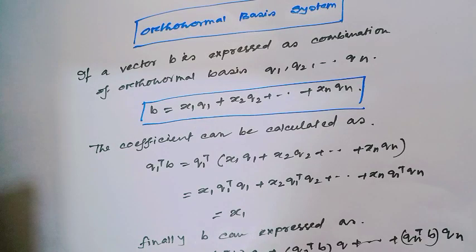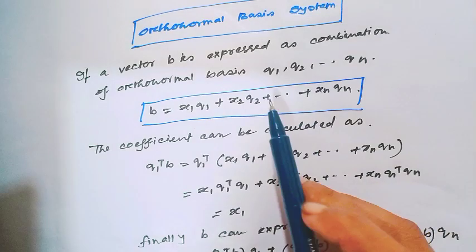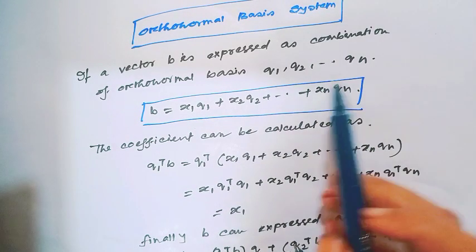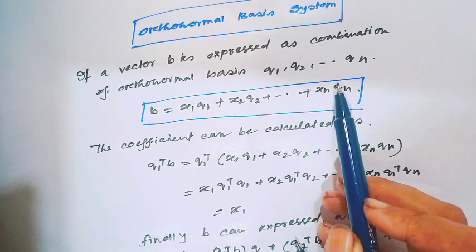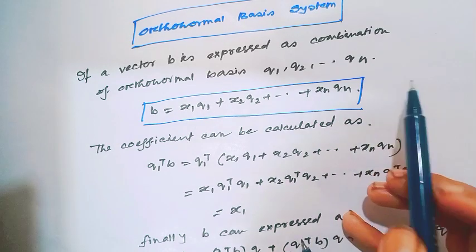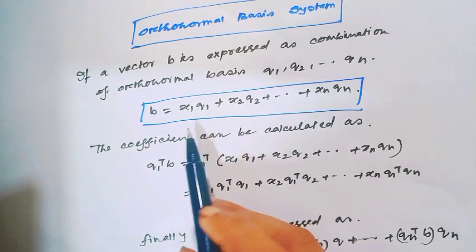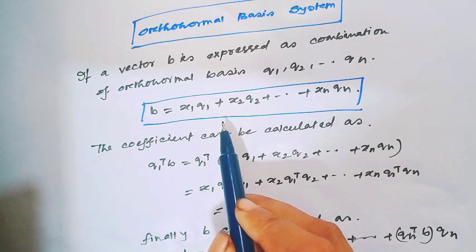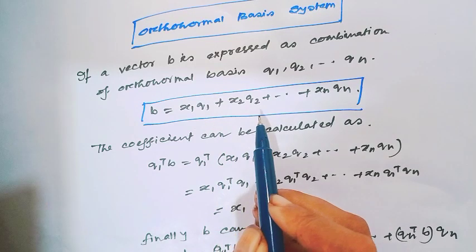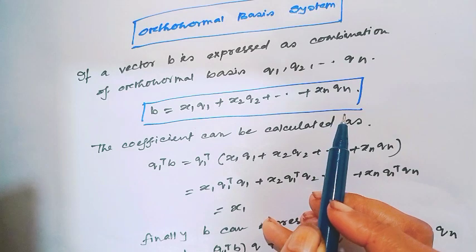Now I will state some properties of an orthonormal basis system. If a vector b is expressed as a combination of the orthonormal basis q1, q2 up to qn, then we can write b as x1 q1 plus x2 q2 up to xn qn.